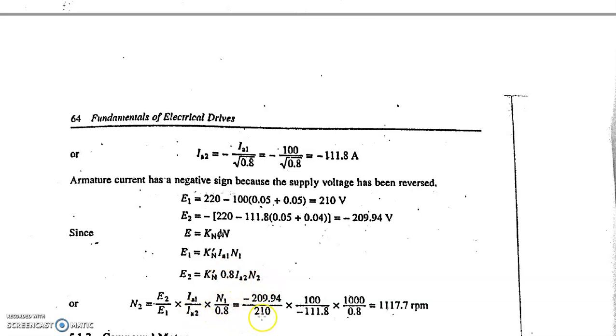When we put these values, we can get the speed. So this is a similar type of numerical. There the two conditions are given, and according to the conditions and depending upon the basic equation, we have to calculate the speed in the second case.